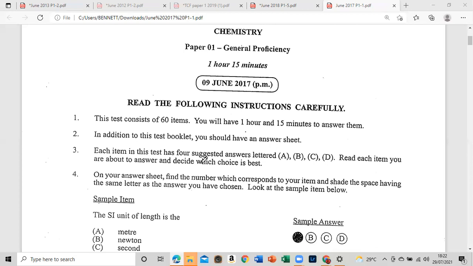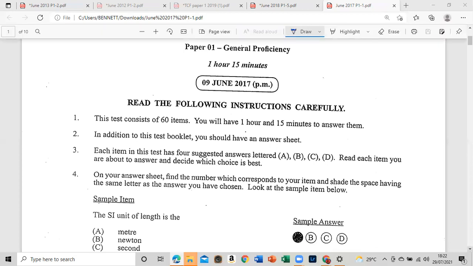Alright, so this is the 2017 paper, giving more people time to join. We're going to look at the solutions shortly. So let's go down.